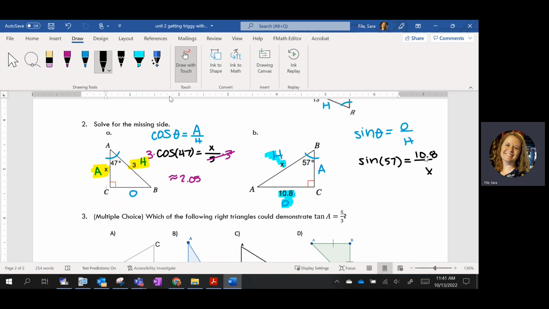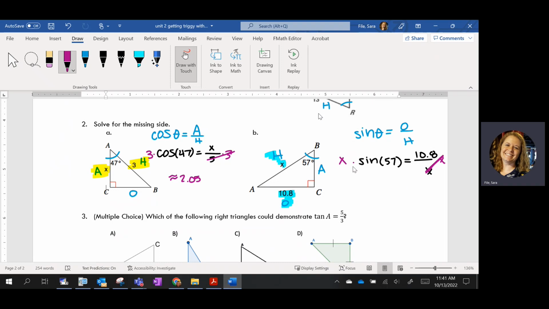Here, the denominator is what we're actually looking for. So we do need to get x out of the denominator. So we're going to start the same way by multiplying that denominator over. If I multiply by x on both sides, that's going to get rid of the x over here, which is good. I wanted to do that.